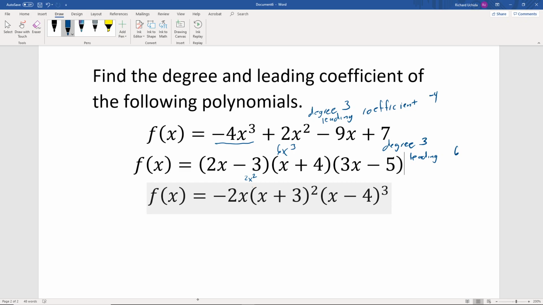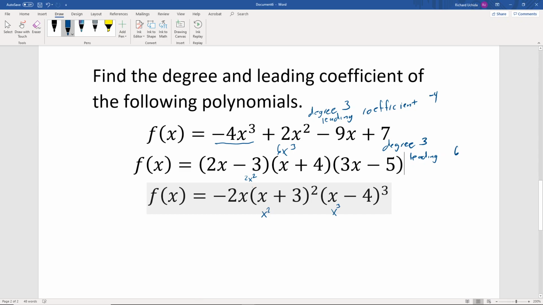Now similarly, what if we had the polynomial function f of x equals negative 2x times x plus 3, that quantity squared, times x minus 4, that quantity cubed? Well, first, if you were to multiply out x plus 3 times x plus 3, so when you square it, the term with the highest degree would be that x squared. And if we multiply x minus 4 times x minus 4 times x minus 4, then the term with the highest degree from that would be x cubed.